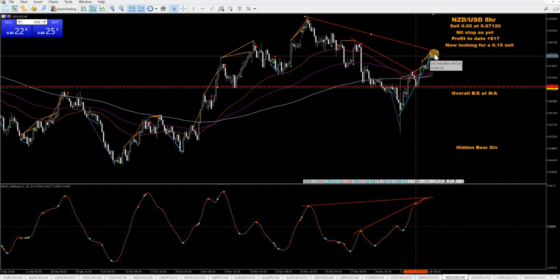This is a 8 hour high probability chart. If I get a sell signal, I'll go in with 0.15 and try to bring it down and make some money on the sell side, or at least get out. If I take a small loss of $17, then it'll be overall a break even on those previous buys and those sells. That's the plan there.